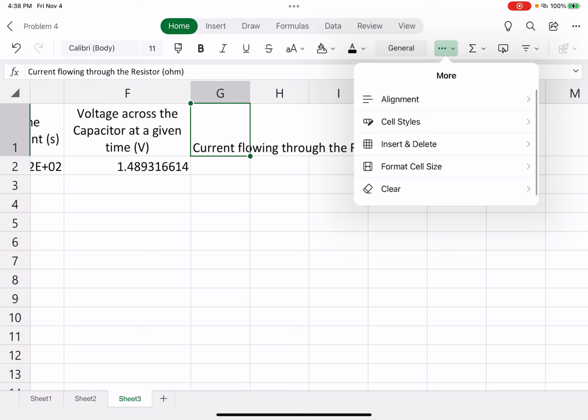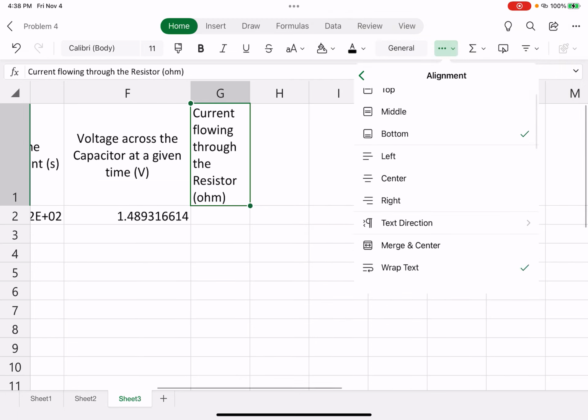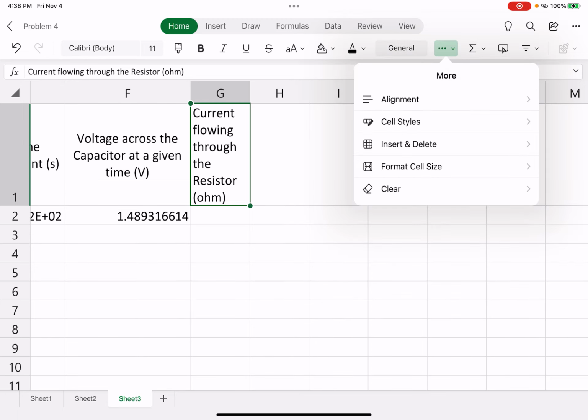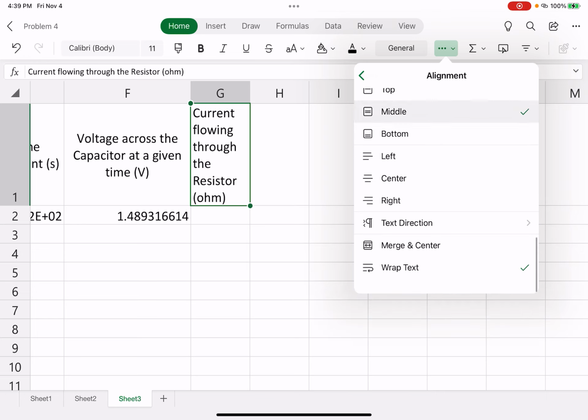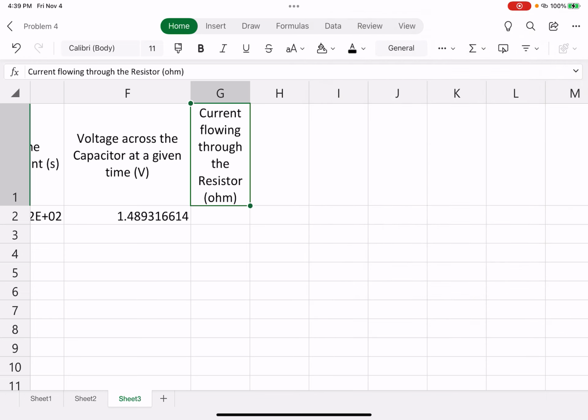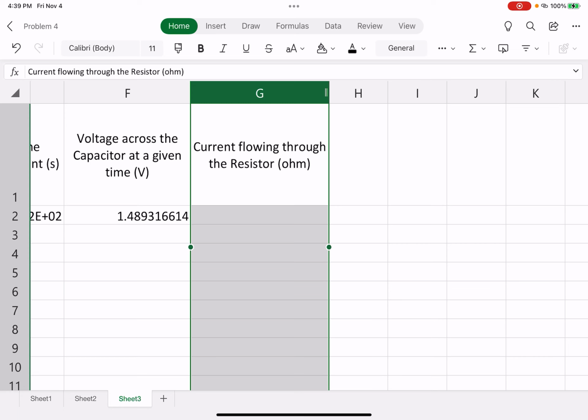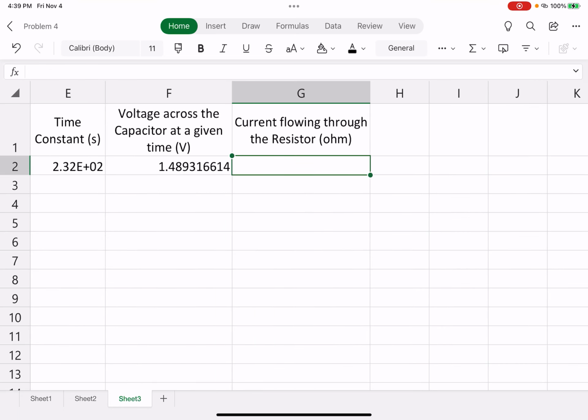I don't want to leave this in this form, so I'm going to wrap my text, and I will also behave by middling and centering it so that it is readable by all.